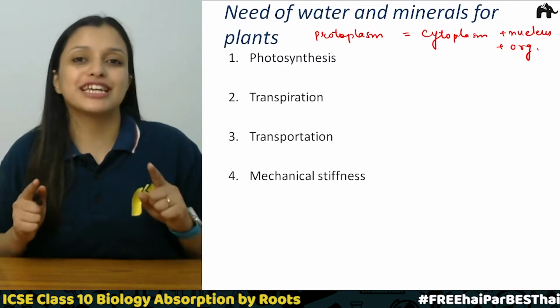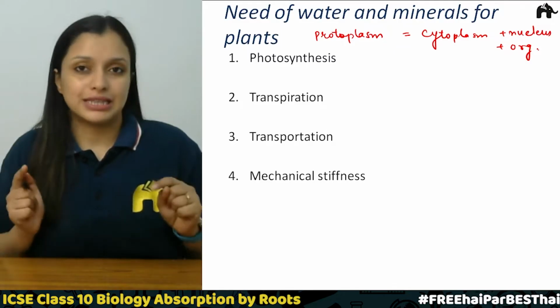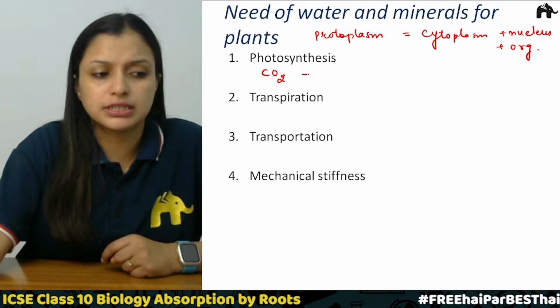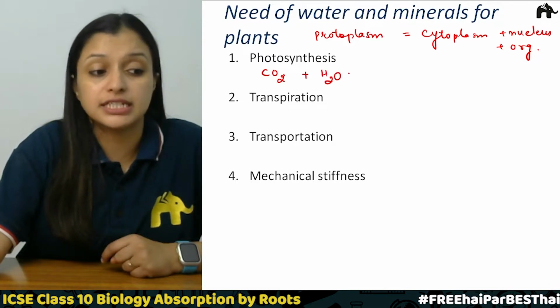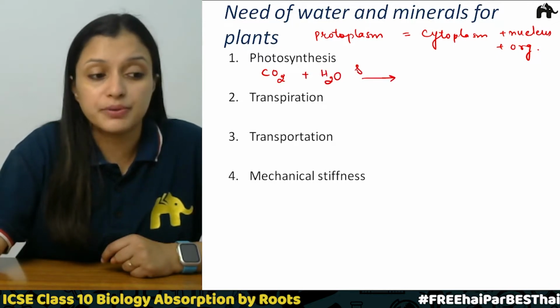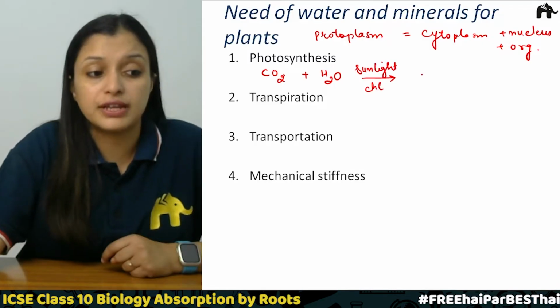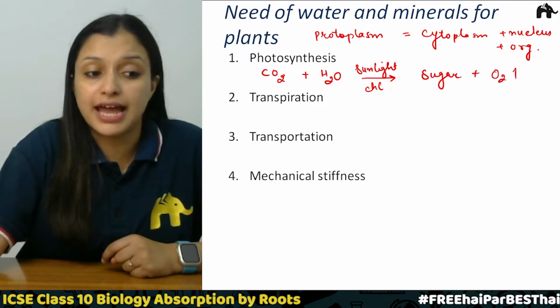So there are four things where water is very much essential. So the very first thing is photosynthesis, right? So we know that in photosynthesis, carbon dioxide along with water in the presence of sunlight and chlorophyll forms sugar, plus oxygen gas is evolved.